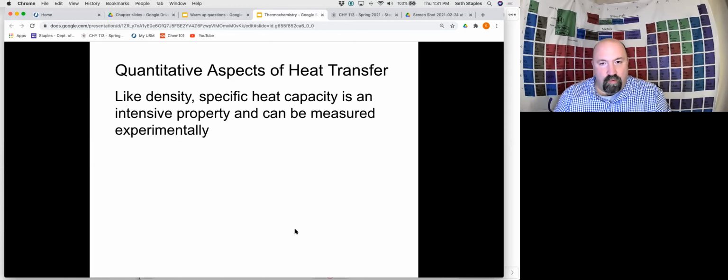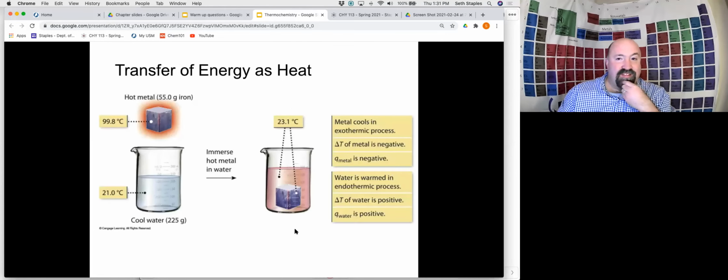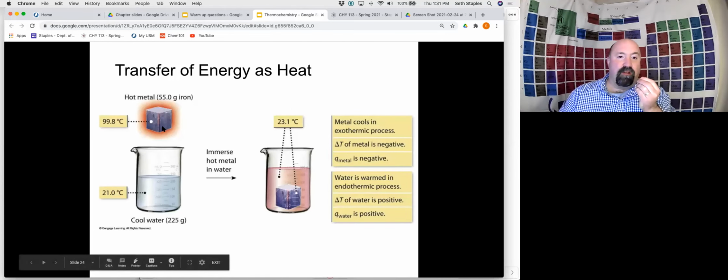And so, similar to density, where specific heat capacity is an intensive property, we can measure the specific heat capacity of something experimentally. And so let's take a look at how we would do that. Let's say we have a piece of hot metal. We've taken a piece of metal and we've heated that up to almost the boiling point of water.